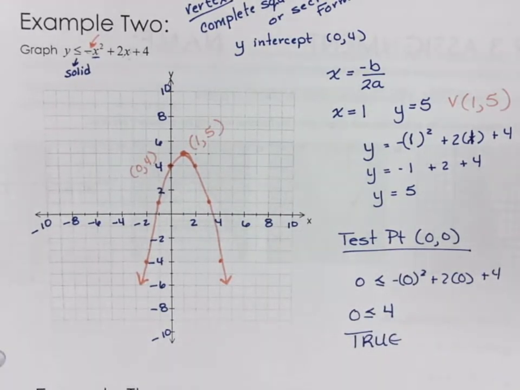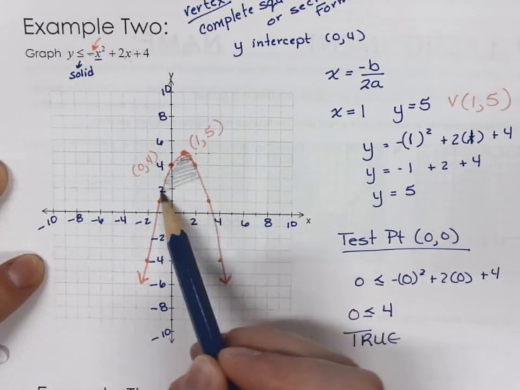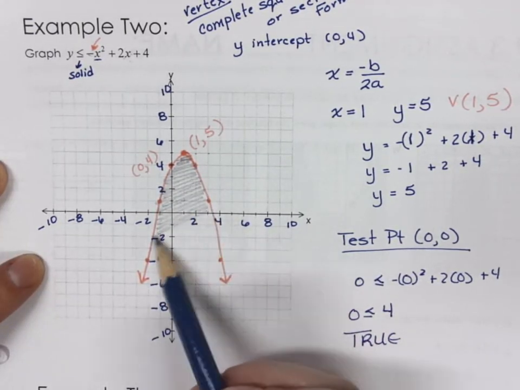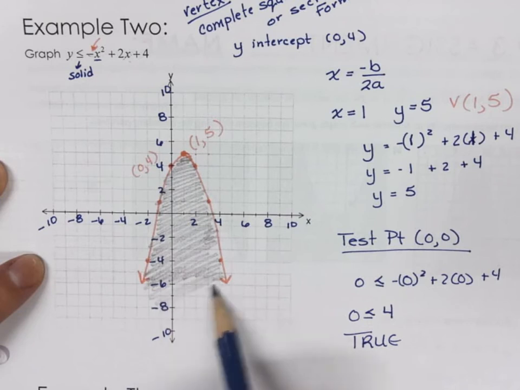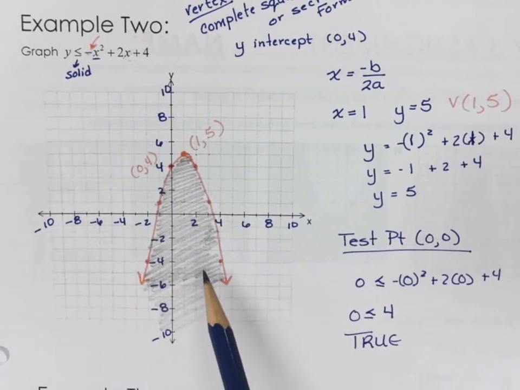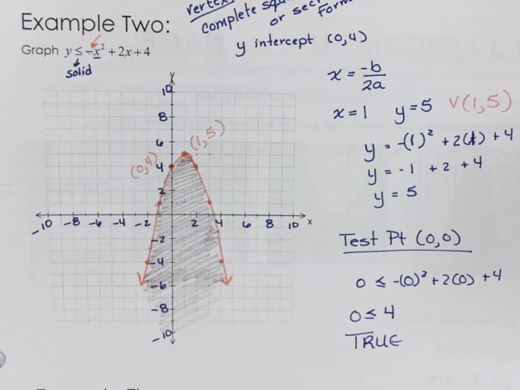So that means we are shading again inside the parabola. And you can continue it on if you want to. You don't have to. This does indicate that it goes on forever, but you don't have to, just as long as there's a significant part shaded and you filled the boundary that you have graphed.